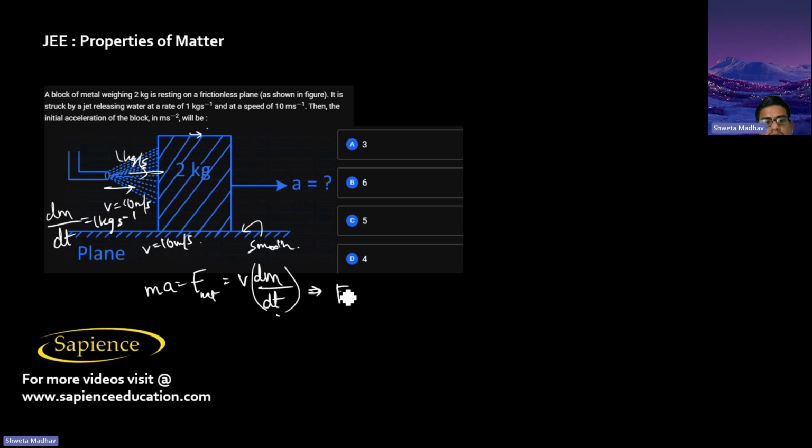Therefore the net force acting is 10 into 1, which is meter per second times kg per second, so kg meter per second square, that is 10 Newton.